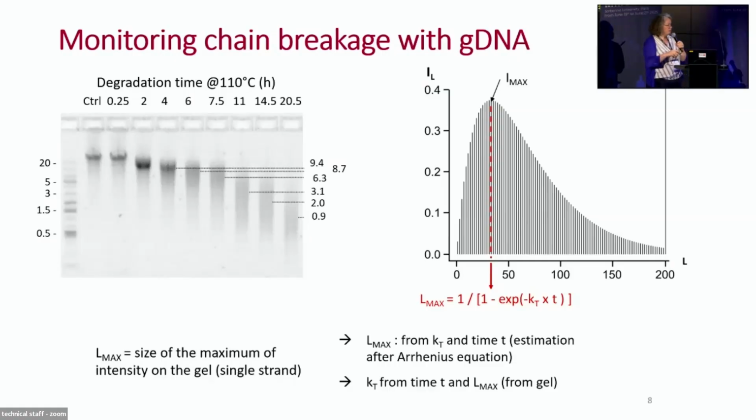And you have a relationship between L max and the degradation rate of the molecules because you know the time they were stored. And also, we have a third way of monitoring with qPCR and digital PCR, but I won't develop that here.